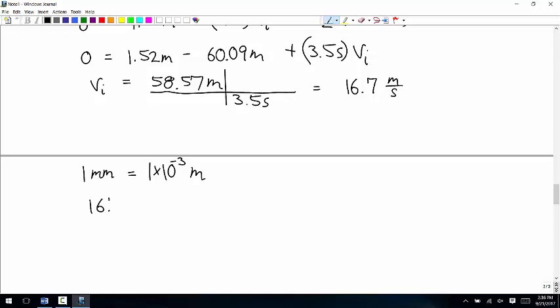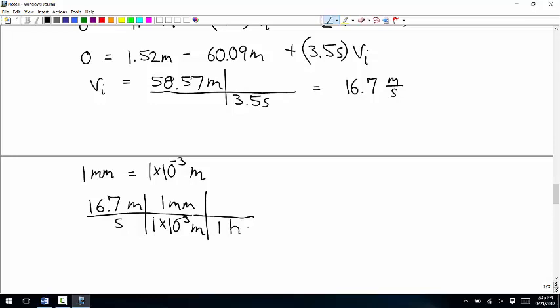So 16.7 meters divided by seconds is 1 times 10 to the minus third meters with 1 millimeter in the numerator. So that converts to millimeters, and then we have to do seconds to hours.